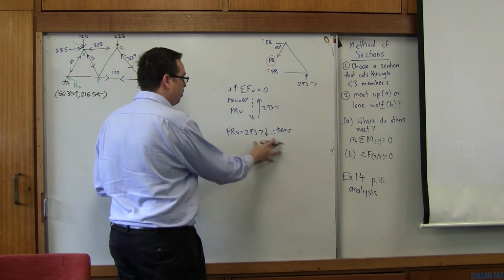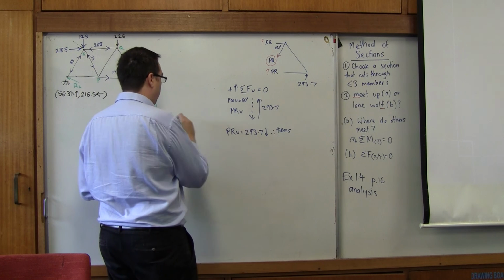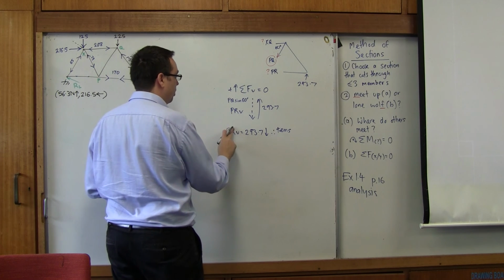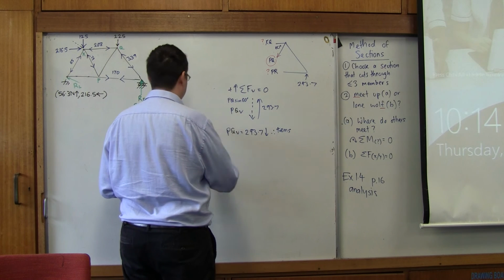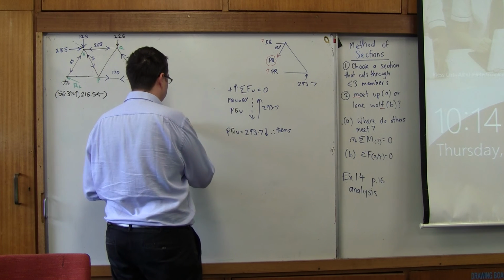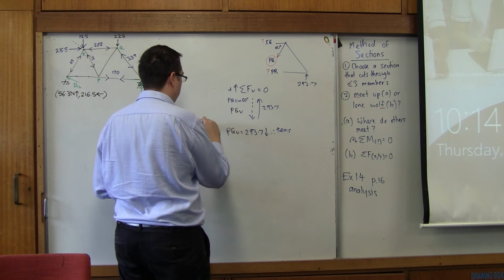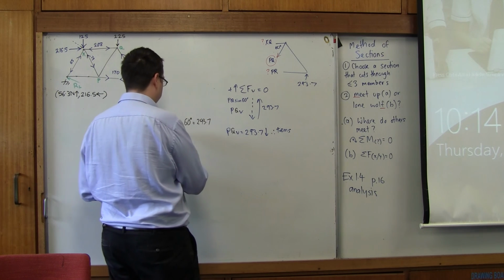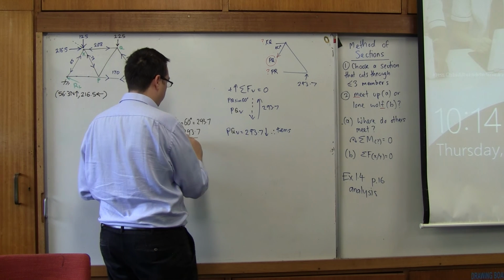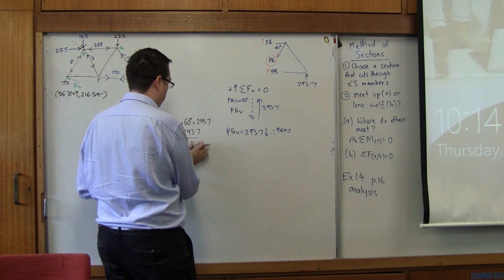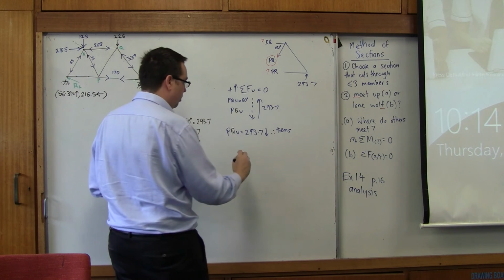Anyway, so if I know PRV equals that, well, we could use the Copeland method where we just simply say, it's not even PR, it's PQ. If I say PQ sine 60 equals 293.7, therefore I can say PQ equals 293.7 divided by sine 60. I'm going to instead do it this way.